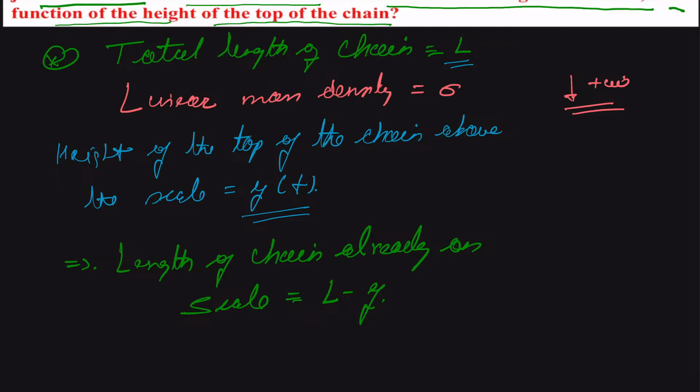The first part depends upon the length of the chain that is just above the scale, and the second part is the length of the chain that is on the scale.